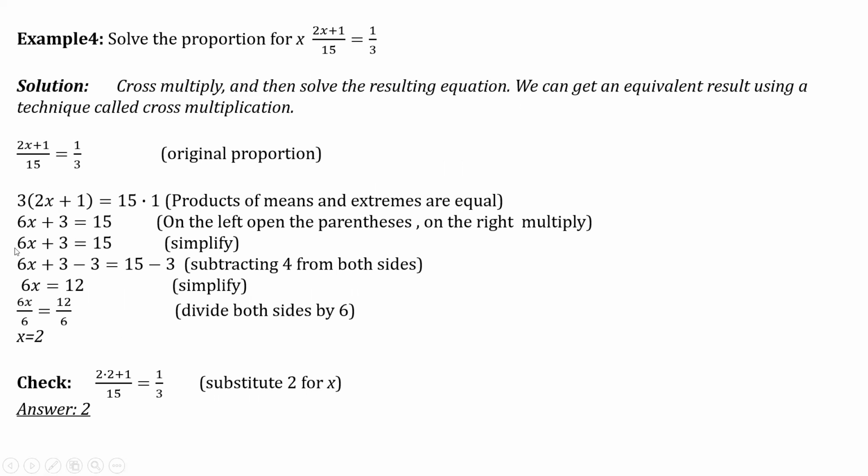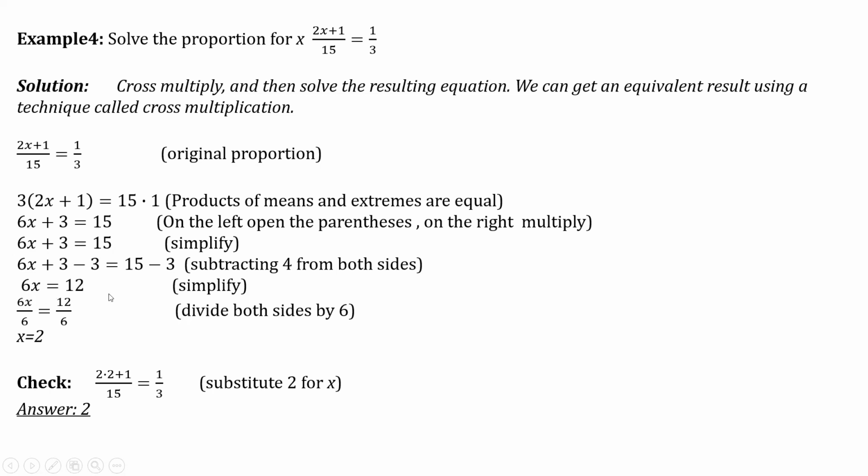Here is a mistake. It should be 3. So by subtracting 3 from both sides of this equation, we simplify it, and as a result we get a linear equation.